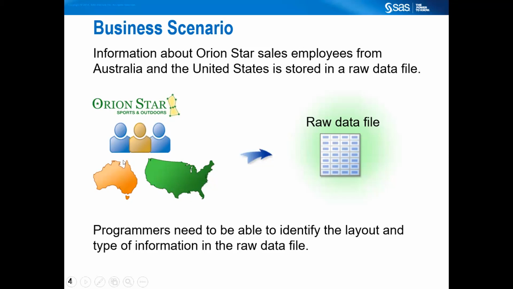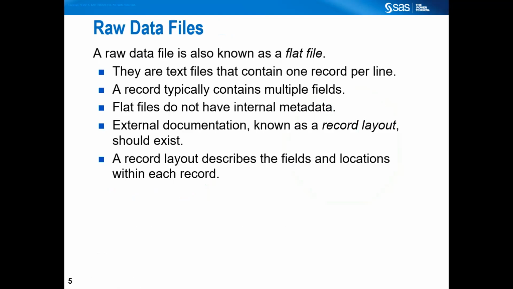Okay, so we have Australian information as well as United States information. What they are trying to tell us in this scenario is that the information about Orange Star sales employees is coming from Australia and the United States, okay, in raw files. The programmers need to be able to identify the layout and type of information in the raw file and try to read that raw file to create a SAS data set.